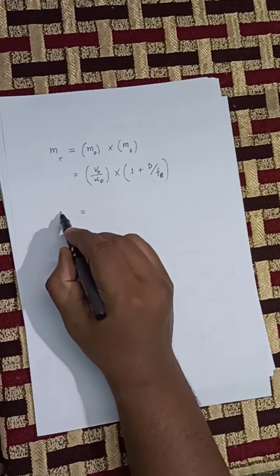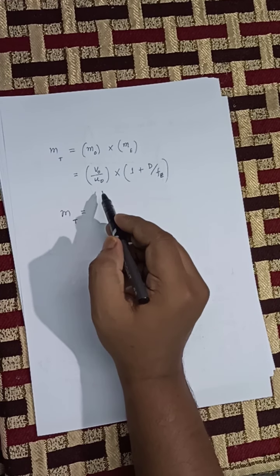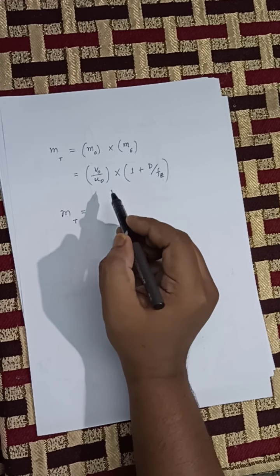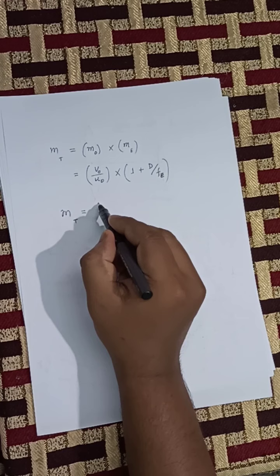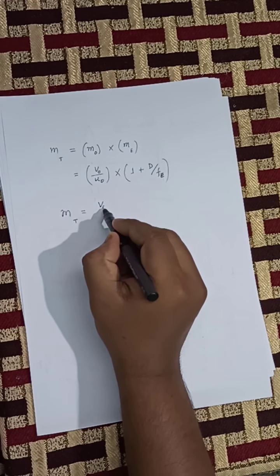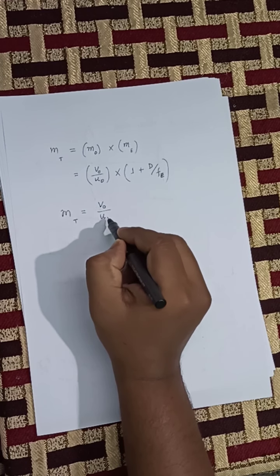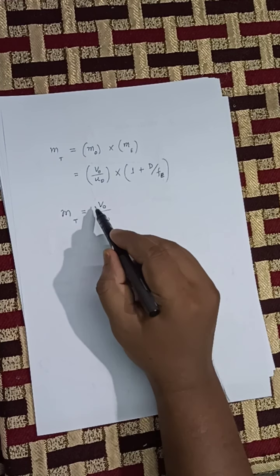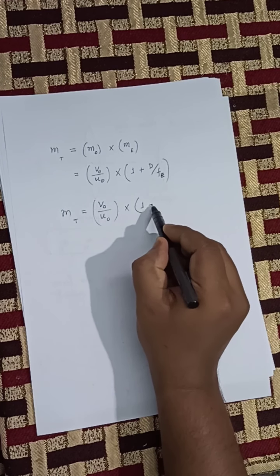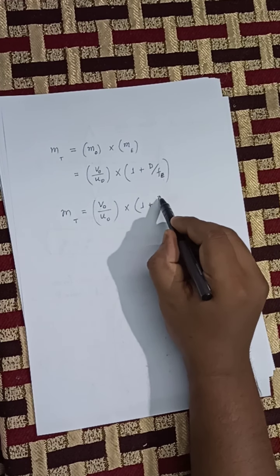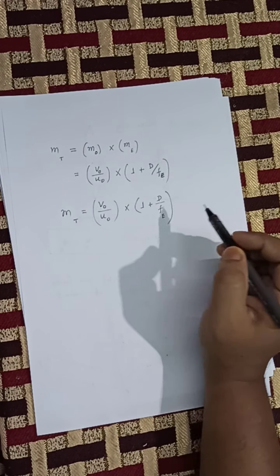So we'll get finally the total magnification due to image formation at minimum distance of distinct vision. This will be equal to image distance of the objective lens divided by object distance of objective lens, okay, into 1 plus d by f e.